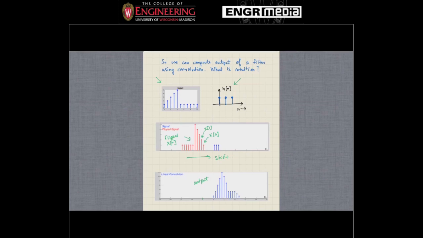And the second value should be the second thing that goes into the filter. So graphically, we just think of this as flipping the signal, and then shifting it and sliding it through the impulse response of the filter. And then at every time, we're summing up the output, and that's drawn right here. Okay.